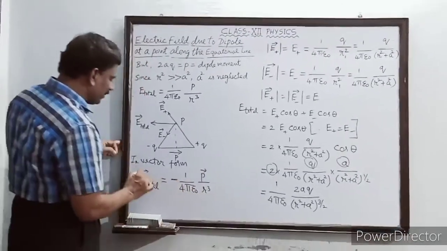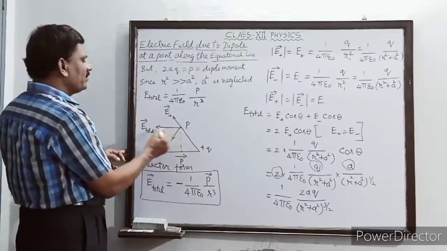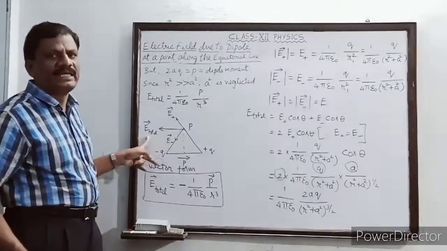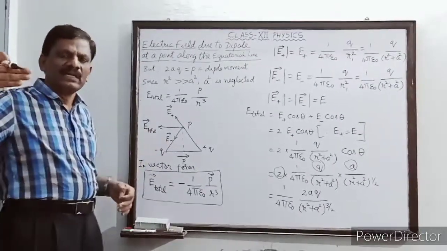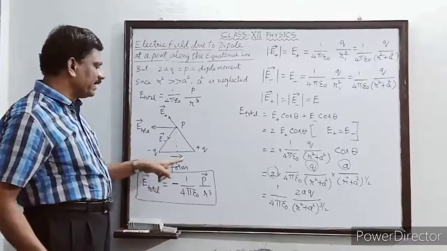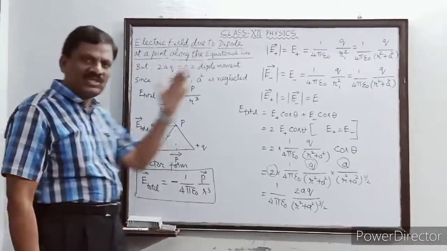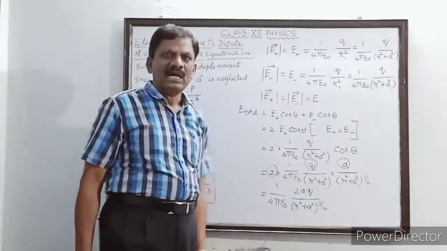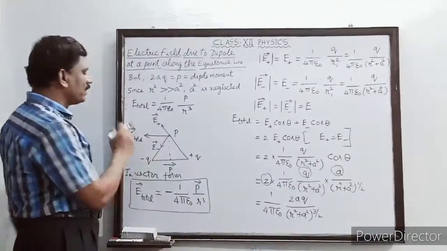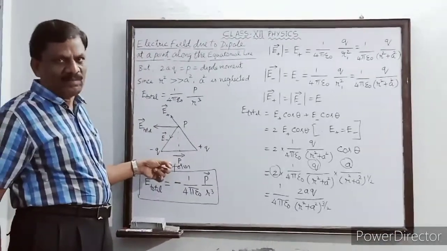So this is with a negative sign. Why is there a negative sign? This negative sign indicates that the resultant vector E total is acting along the negative x direction. It is opposite to the direction of the electric dipole moment. So dipole moment P vector is from left to right along the positive x direction, and the total electric field E total is acting opposite to the direction of the electric dipole moment.